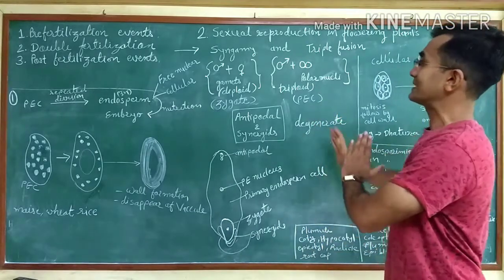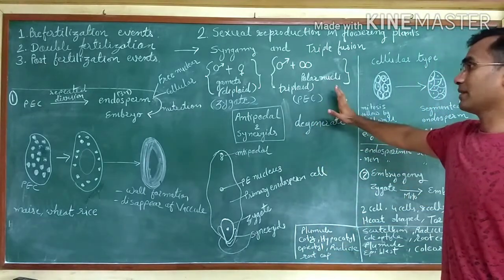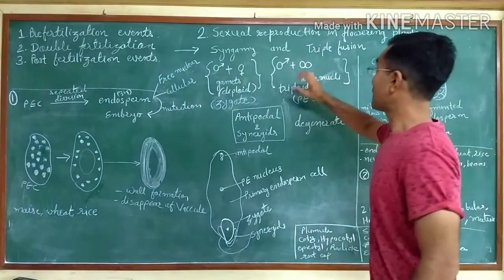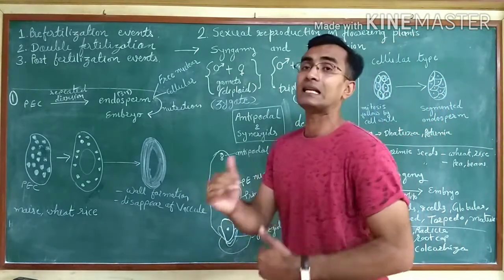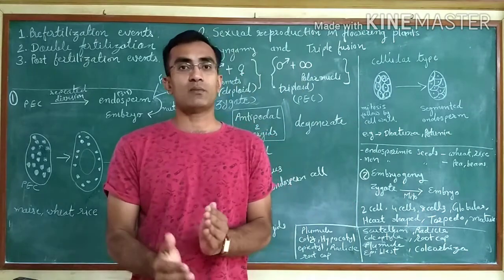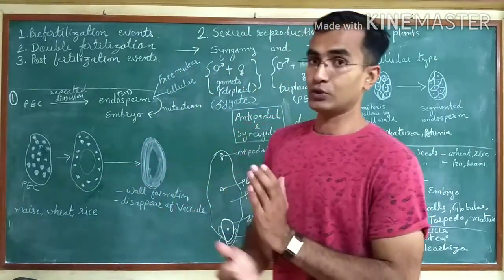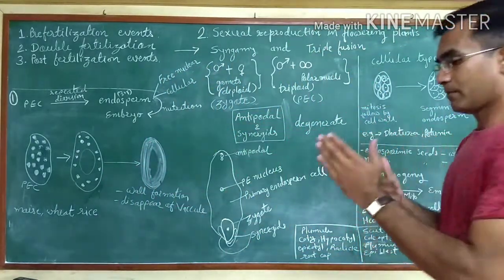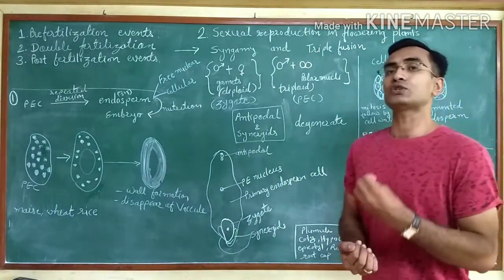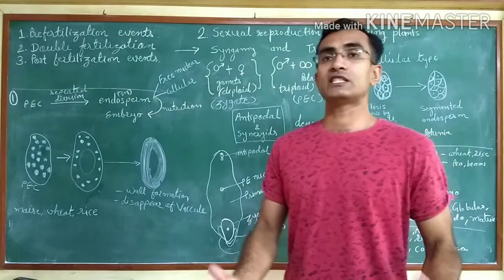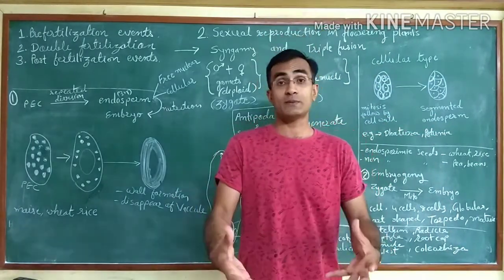Okay, so we will first discuss the endosperm. The primary endosperm cell is repeatedly doing mitosis. Due to the mitosis, they will make an endospermic tissue. Why is this endospermic tissue needed? What is the function of this endospermic tissue?